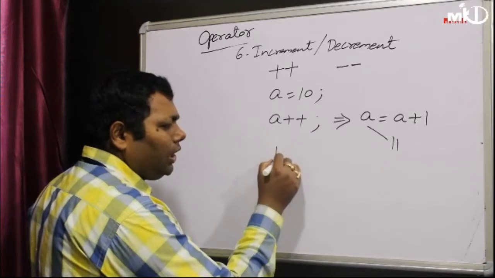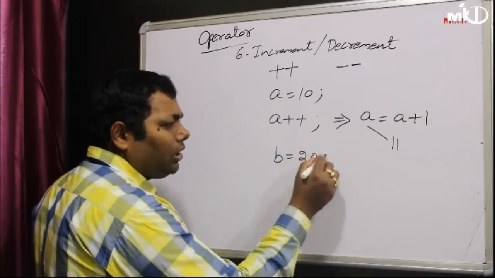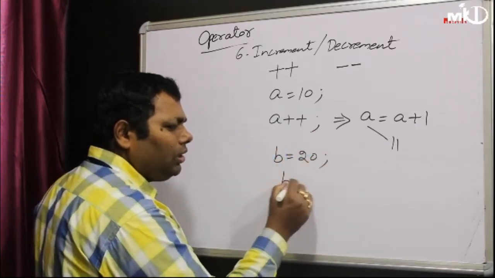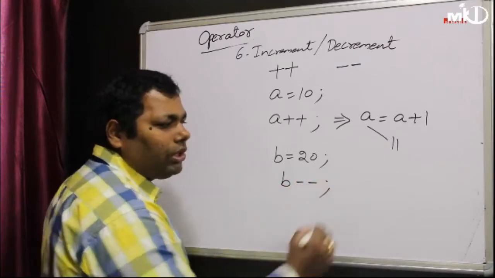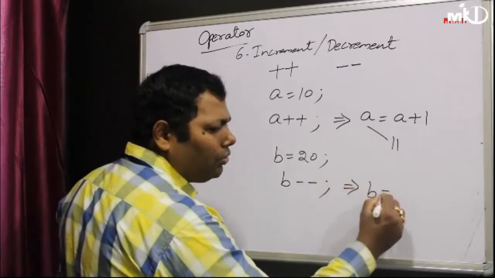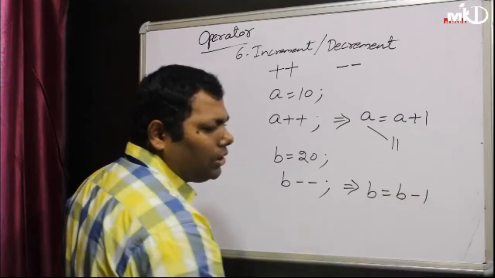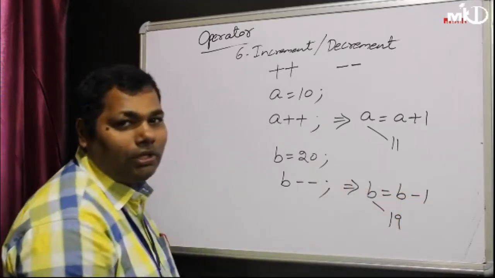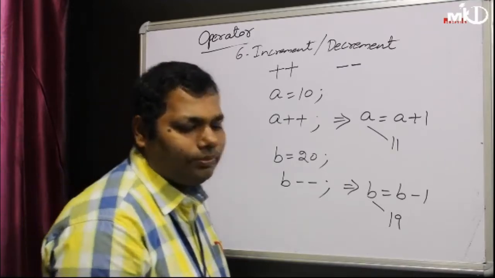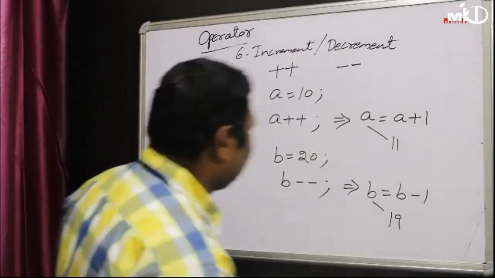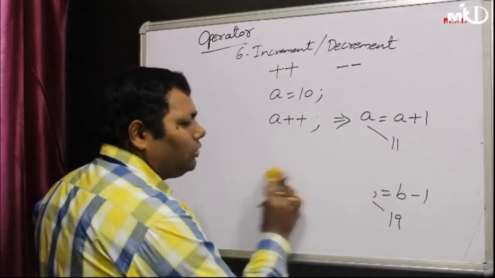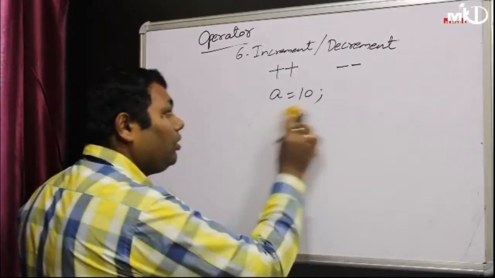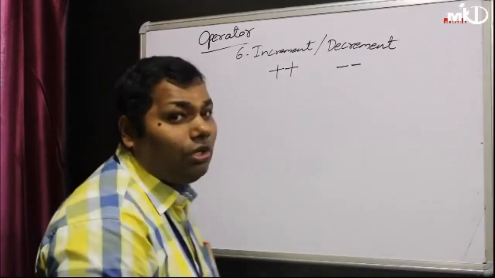Similarly, let b equal 20 and I write b--. What does it mean? b = b - 1. Now what is the value of b? Very good, 19. Now these increment and decrement operators are unary operators.